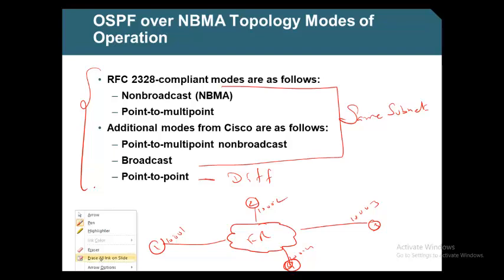When you say point to point, let's say this is the head office. You will have one physical interface, but you will create sub-interfaces. How many? 3, because I have 3 sites. R1 10.0.0.1, here 10.0.0.2.